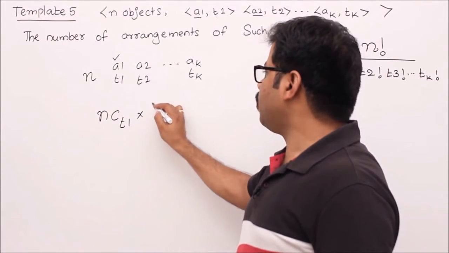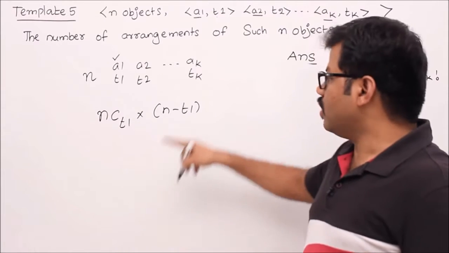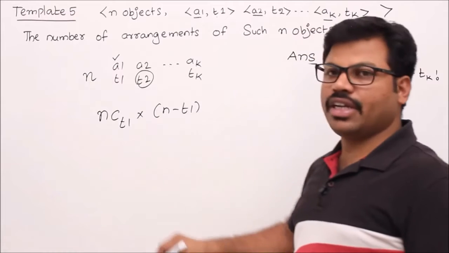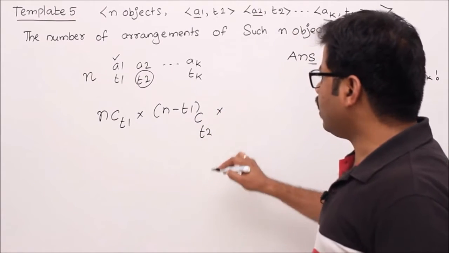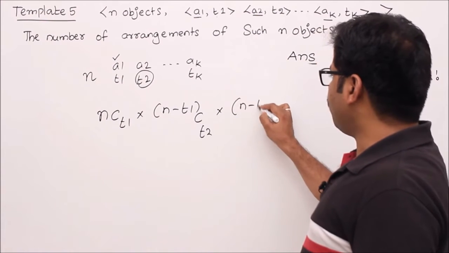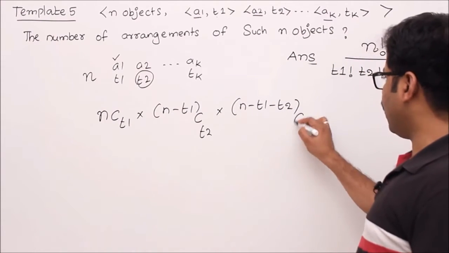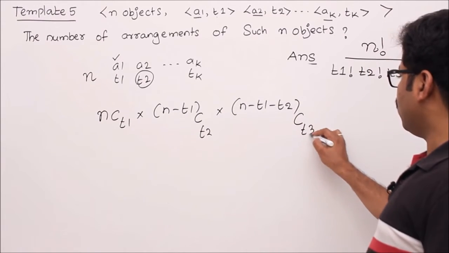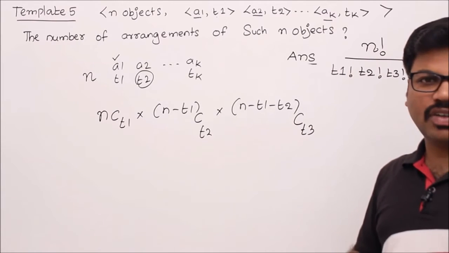After that remaining positions are n minus t1, isn't it? Because t1 are gone. Then from that you have to select positions for a2 which are nothing but t2. Then it will become n minus t1 C t2. Then if I extend it for the third time, it will become n minus t1 minus t2, which are remaining positions. Out of them select positions for a3, which is repeated t3 times. That's why we have to take t3 positions for that.